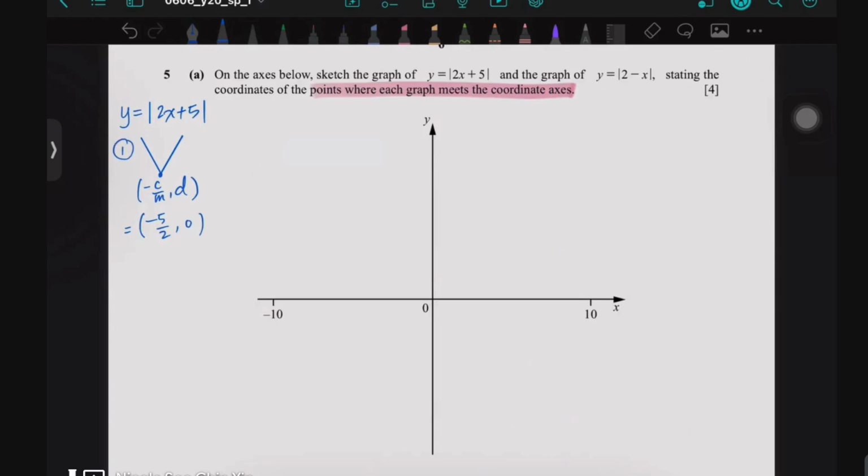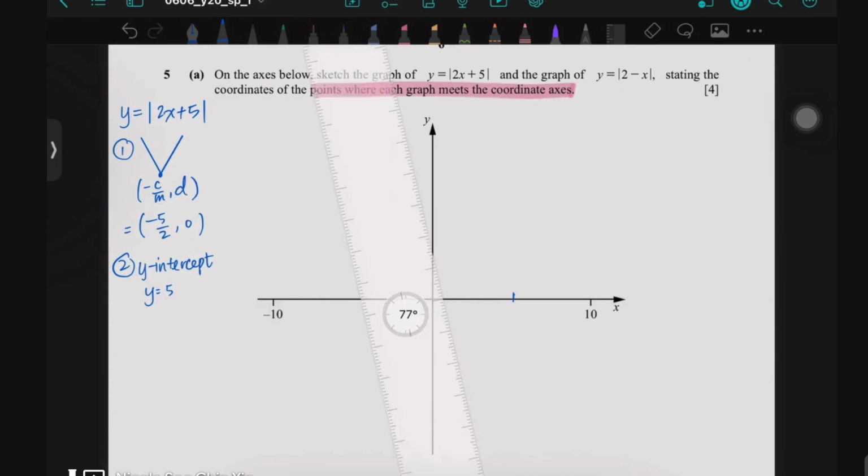Second thing, I'm going to find out my y-intercept. From my y-intercept, y equals 5. So basically what I will do is I will take out a ruler. In the question, because they already labelled this 5, I count 1, 2, 3, 4, and half will be 5 here.